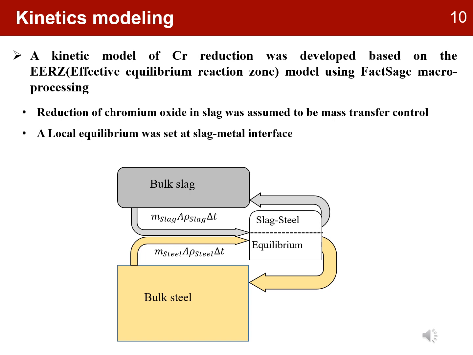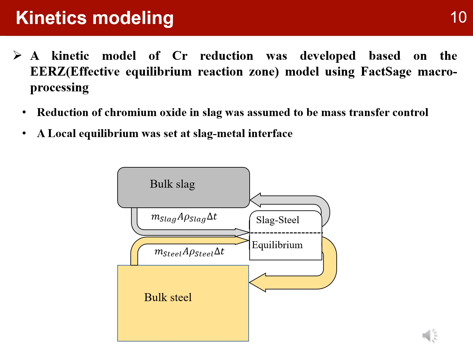Here we build a kinetic model of chromium reduction based on the effective equilibrium reaction zone model using FactSage macros. The calculation procedure assumes the kinetics is limited by the mass transfer, and the local equilibrium can be achieved at the slag-steel reaction interface.